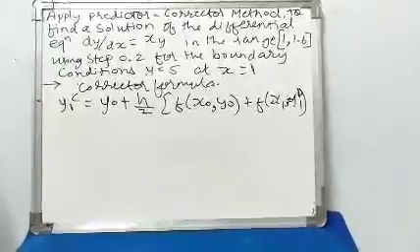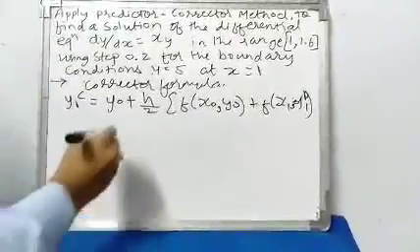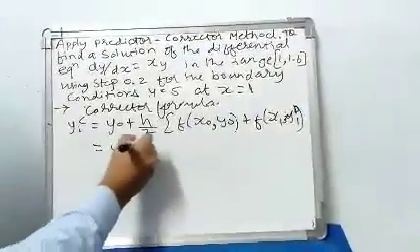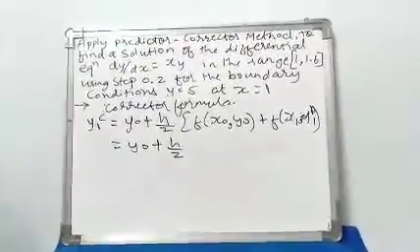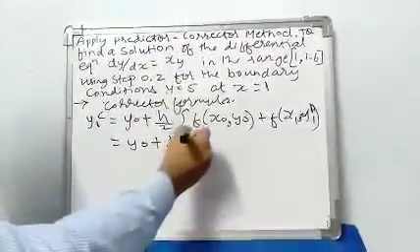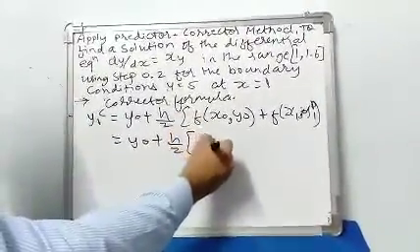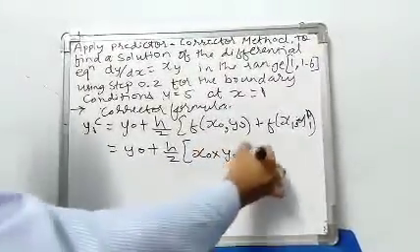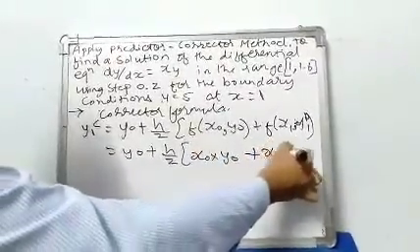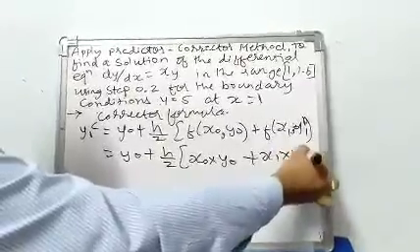So the formula now becomes y0 plus h by 2 times x0 into y0 plus x1 into y1p.